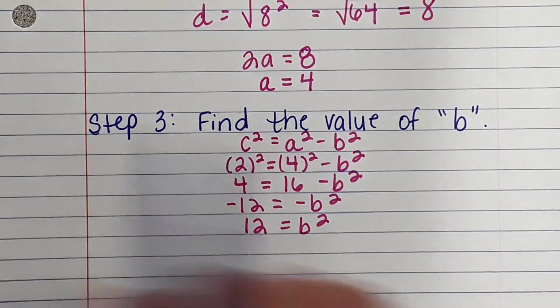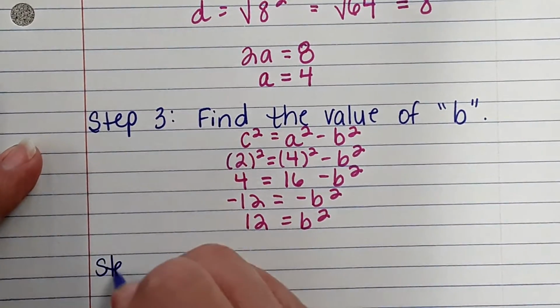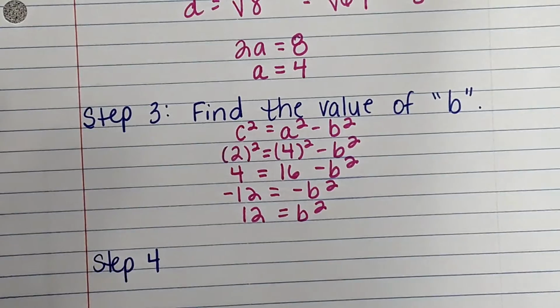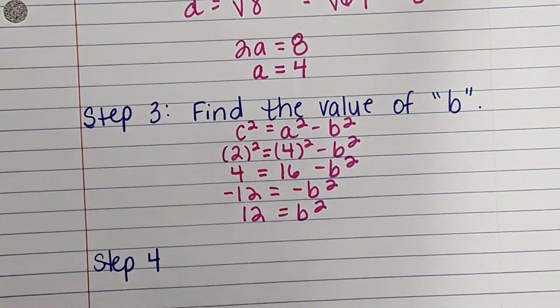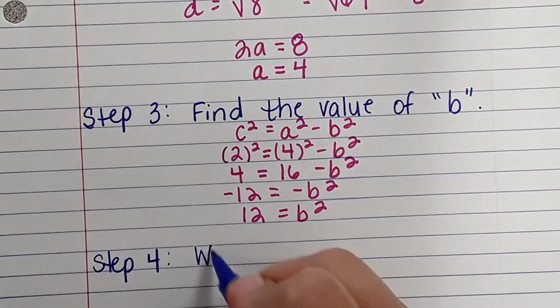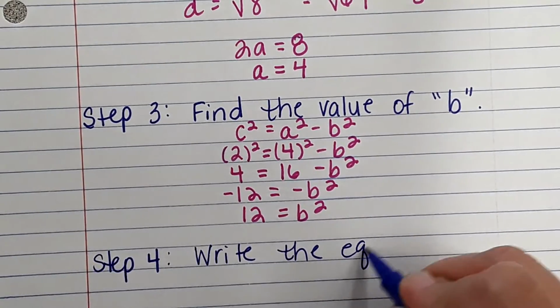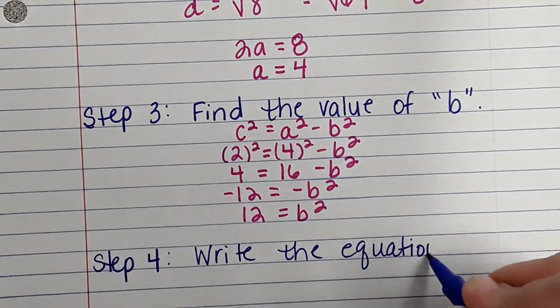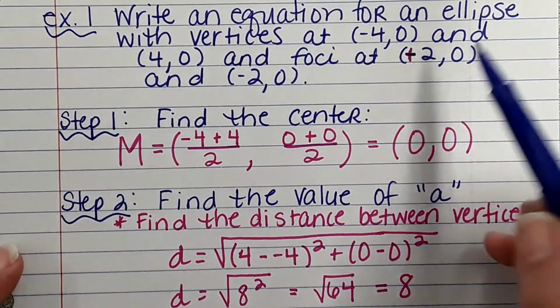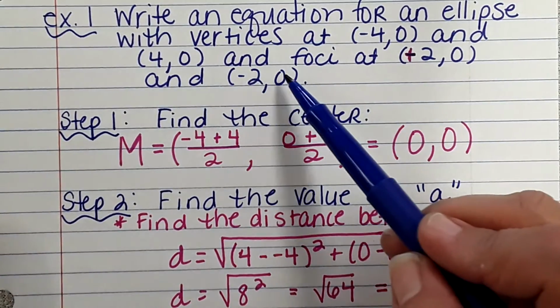And then the final step. We're almost done. The last thing that we have to do is write the equation. There are two things that we know. We know the foci are (c, 0) and (-c, 0).